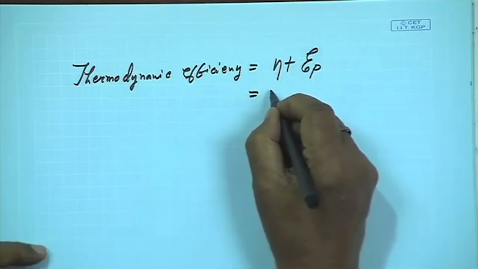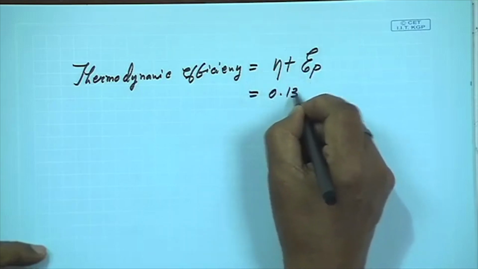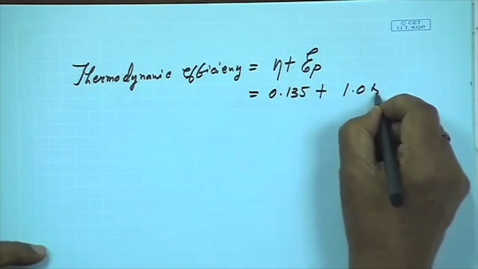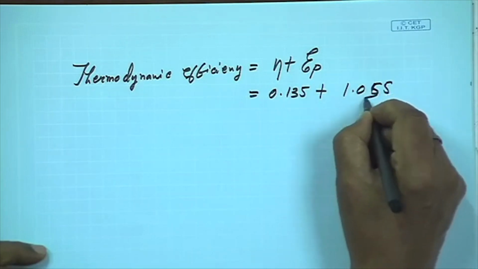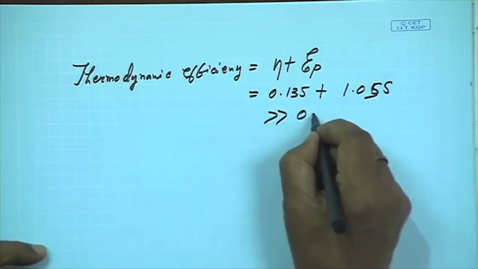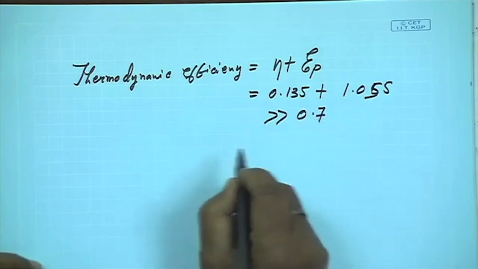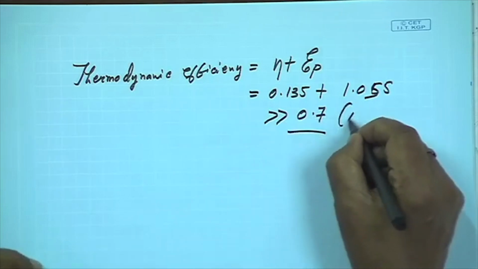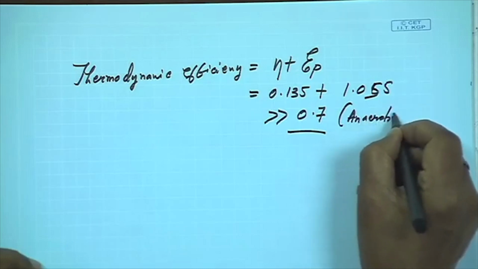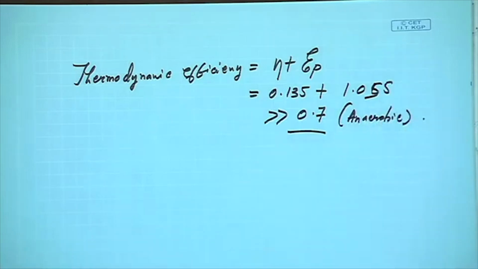What we got is about 0.135 plus 0.1055. This is much greater than 0.7, because in the anaerobic process the thermodynamic efficiency is 0.7.